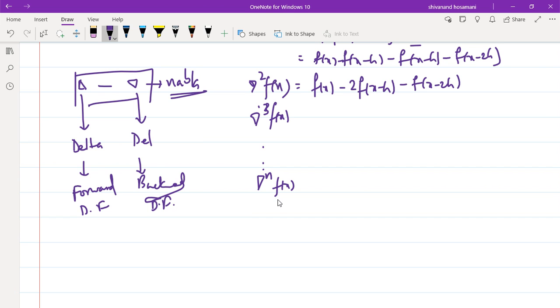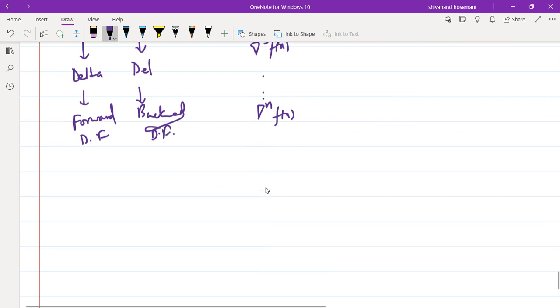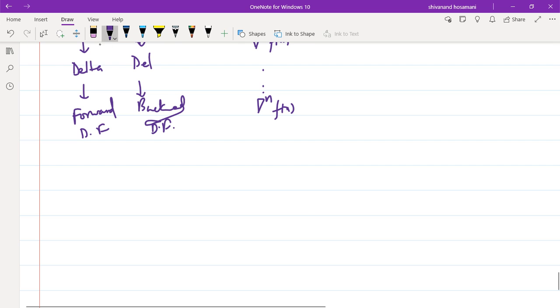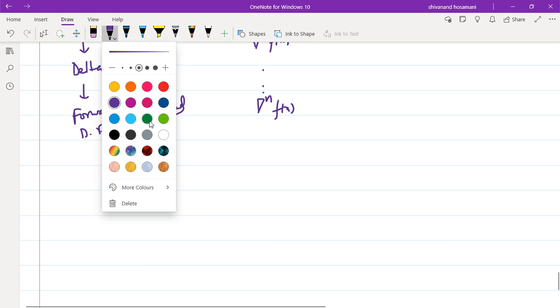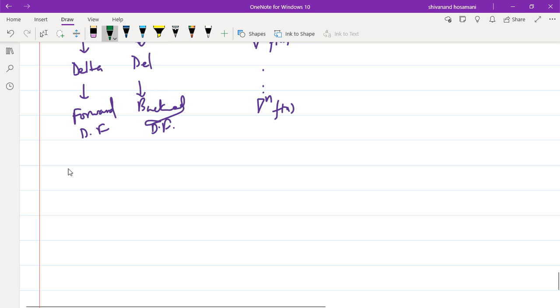So now let us see the backward difference table, how it looks.